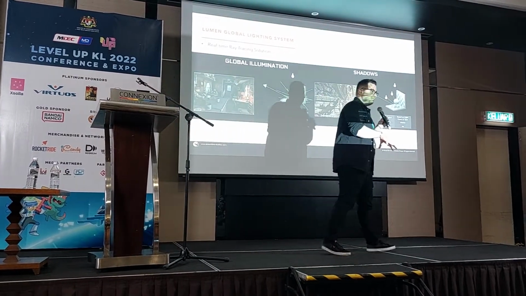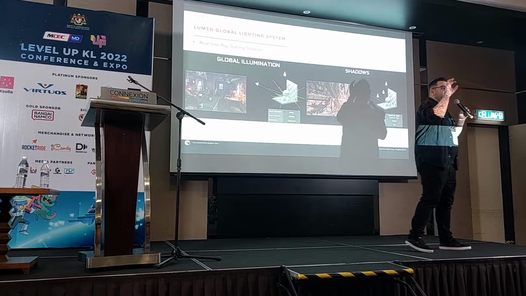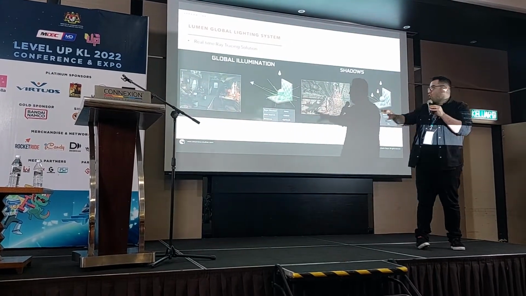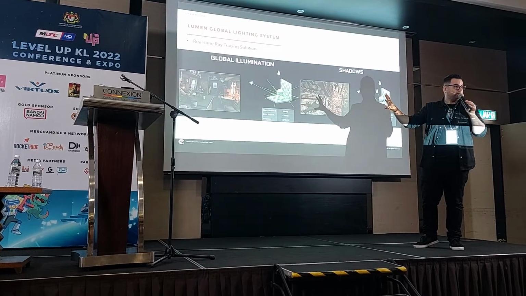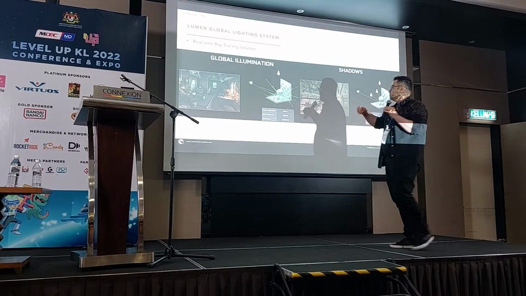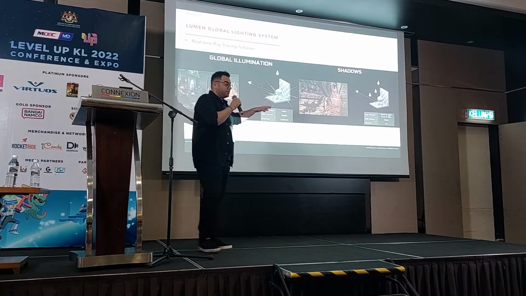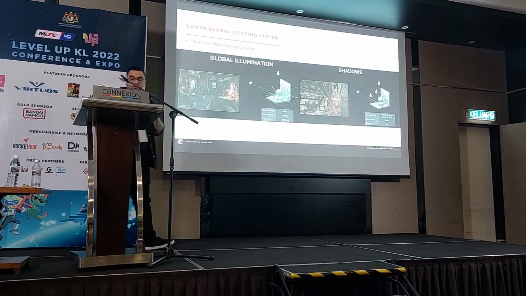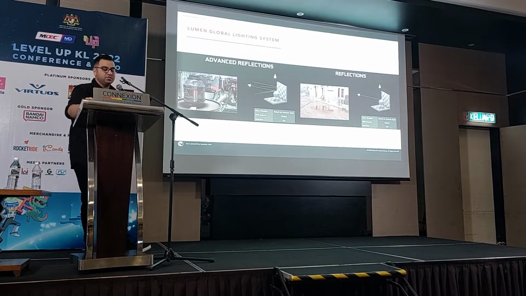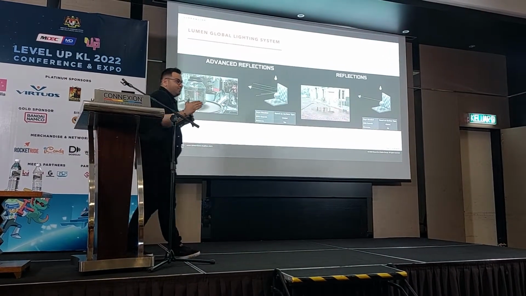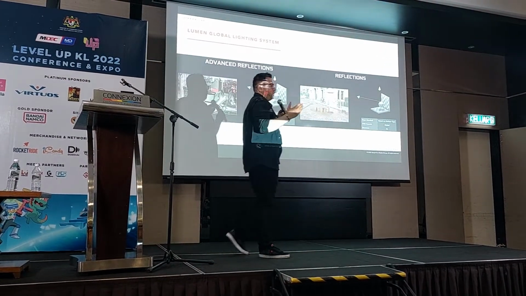Because this is real time. It's calculating all these parameters every single frame. So it would be very expensive to produce global illumination, and also the shadows, and also the reflections. The more bounces you have, the more FPS would drop, and the more performance issues you would have.